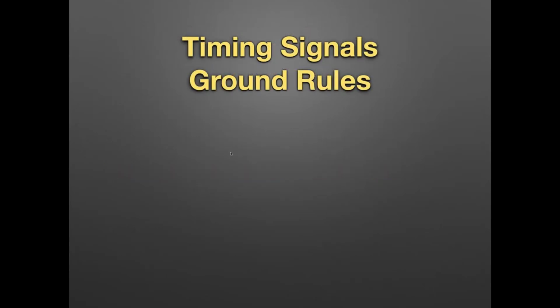So there are a few ground rules when you look at timing signals, and we're going to talk about PMO crossovers, and those are timing signals. So we need to have our ground rules set up. First, you always should look at the chart. I'm a technical analyst, so obviously I'm always going to look at the chart. If you do fundamental analysis, it's still worthwhile to look at the chart.